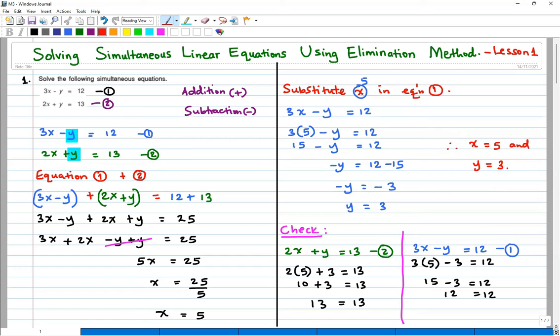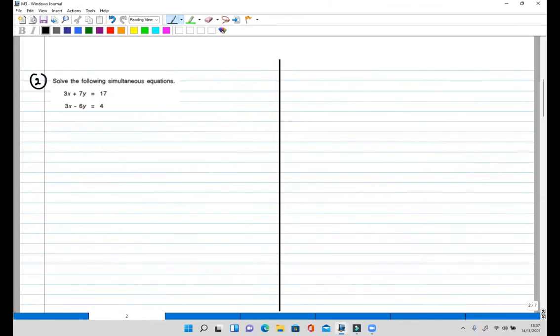Let us get another example. For this example, we have got 3x plus 7y equals 17, and 3x minus 6y equals 4. Let us say this is equation number 1. And this one, we call it equation number 2.